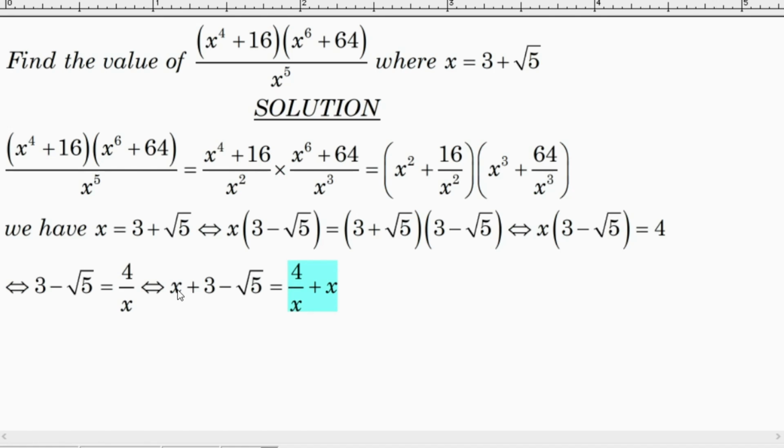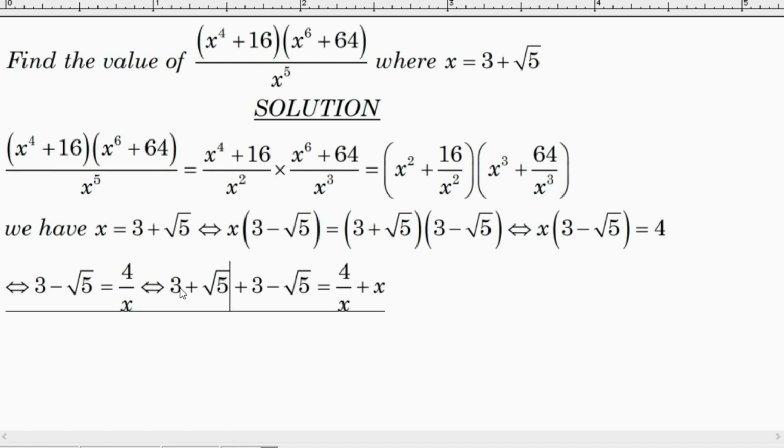Now we substitute the value of x, which is 3 plus the square root of 5, into this equation. 3 plus 3 equals 6, and the square root of 5 minus the square root of 5 equals 0, so it equals 6.